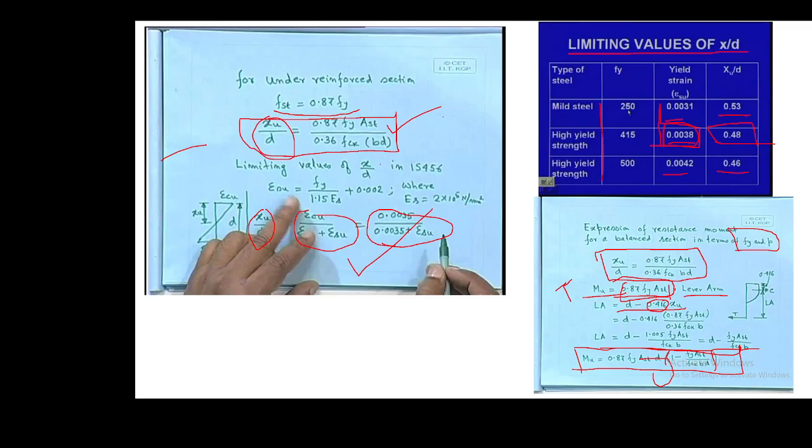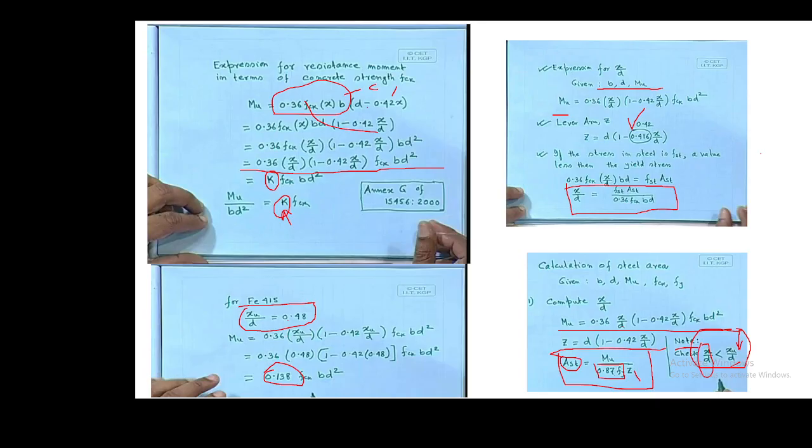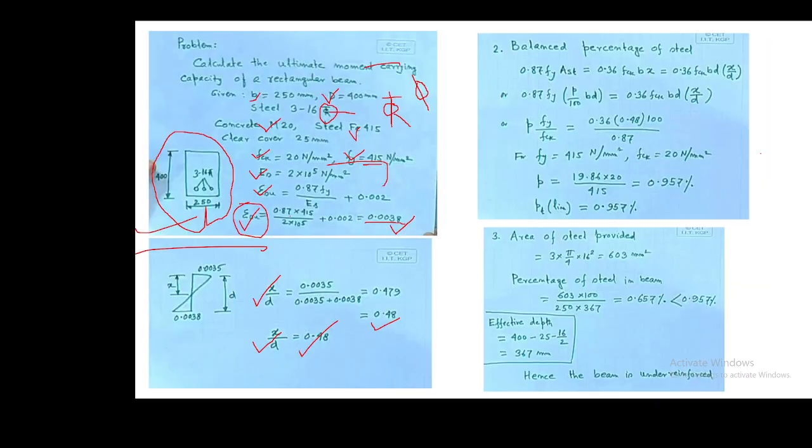I am again showing this table so that you will remember that. So they have calculated this, and for the balanced percentage of steel, we can directly use this formula. 0.87 Fy AST, they have written as P by 100 into BD.